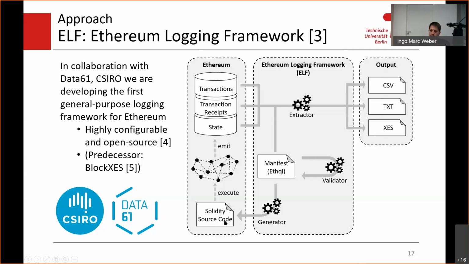So think of your favorite Java logging library. It's kind of like that, except we have to create it from the manifest because otherwise it would be tremendously wasteful, and you don't want to be wasteful with your smart contract code, especially in terms of storage space.